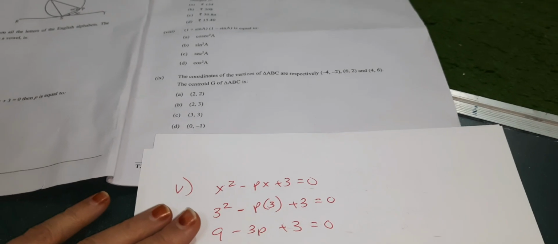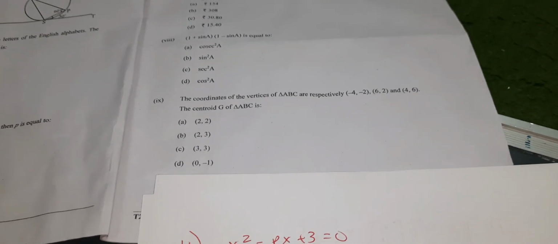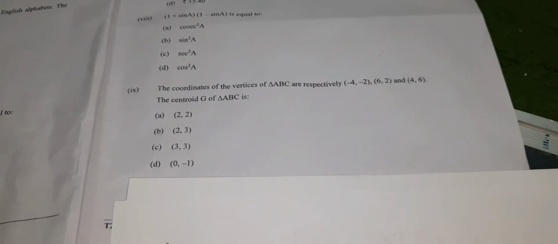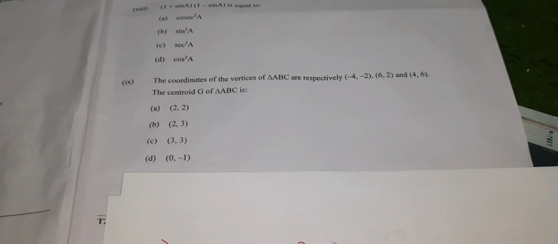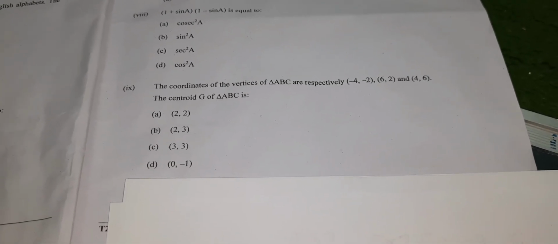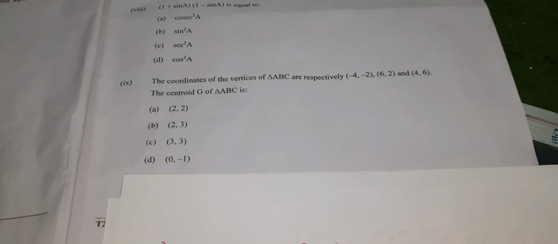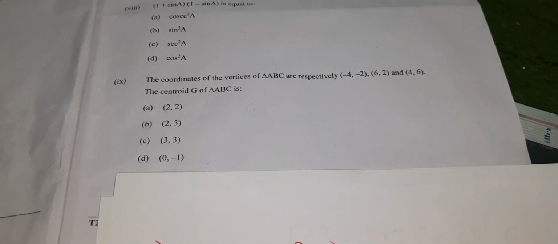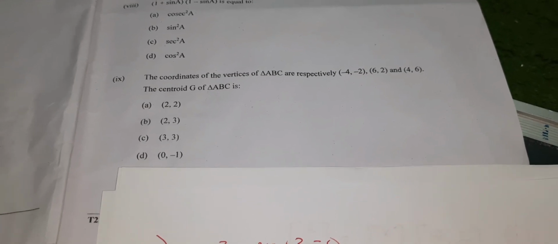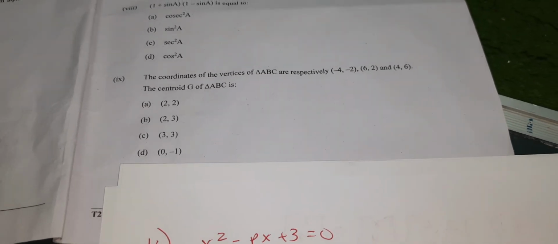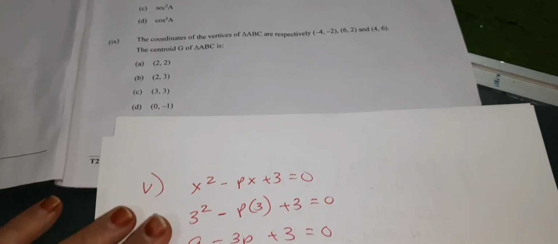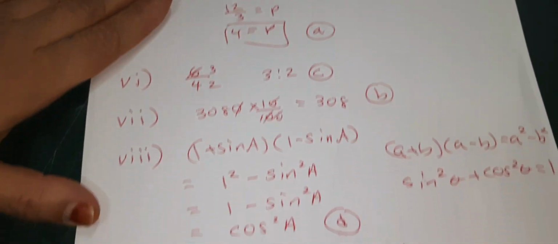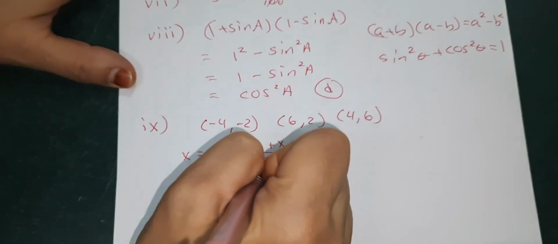Now, question 9. The coordinates of the vertices ABC are respectively (minus 4, minus 2), (6, 2), and (4, 6). And they ask you for the centroid G. The formula for the centroid is simply add the 3 x coordinates and divide by 3.